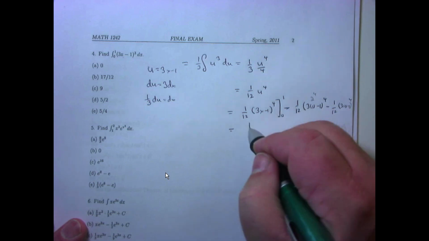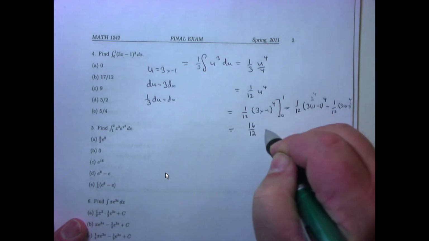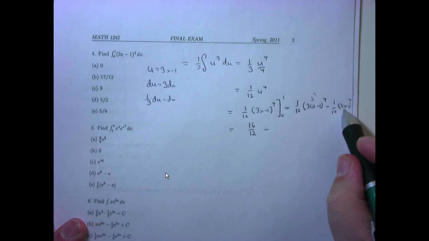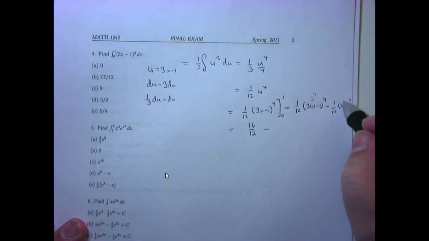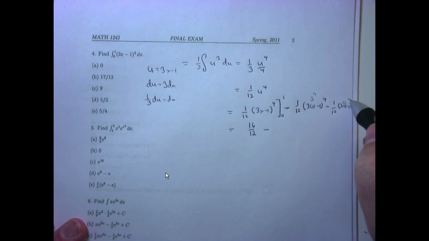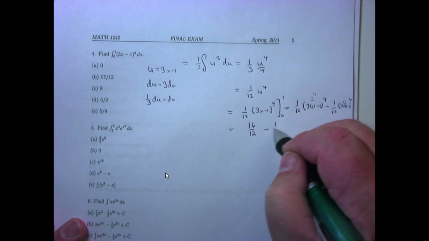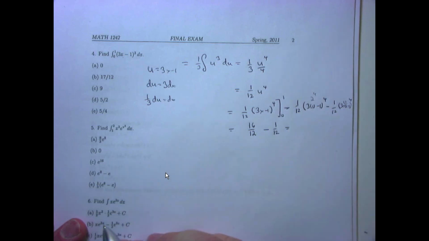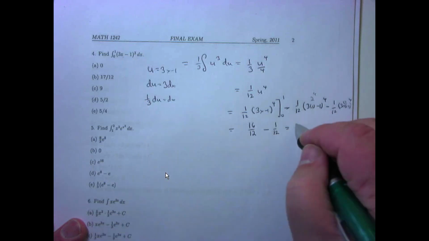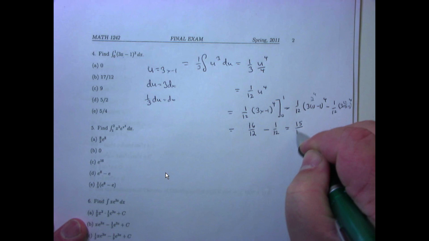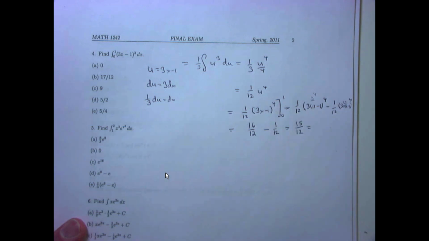16. So this is 16/12. I'll clean them up later. This is 16/12 minus 3 times 0 is 0, so this goes away. I get minus 1 is -1. But -1 to the 4th power is positive 1 times 1/12 is 1/12. So I get 16/12 minus 1/12, which is equal to 15/12, which you can always reduce your fractions.